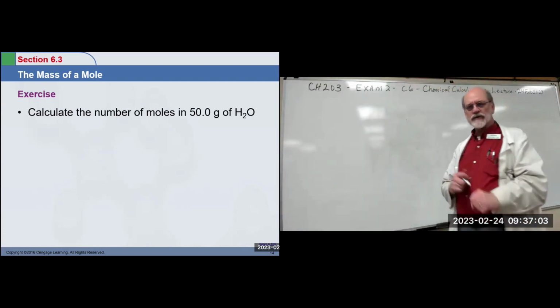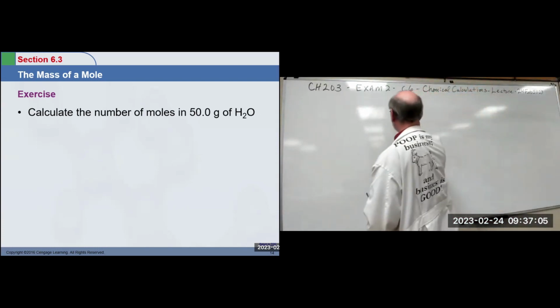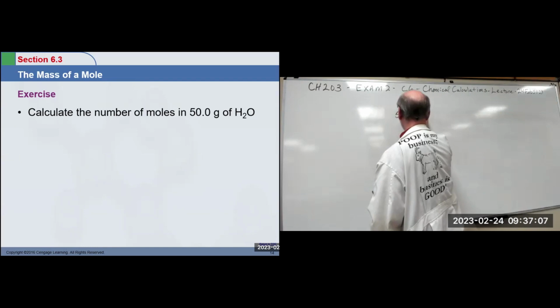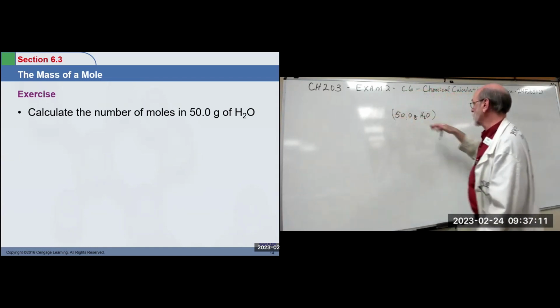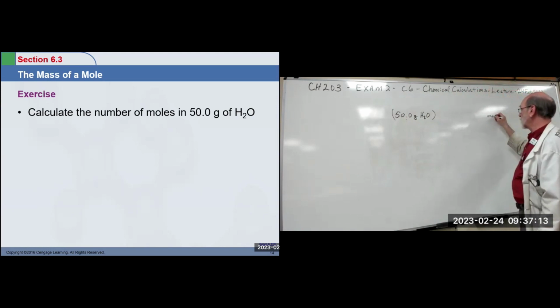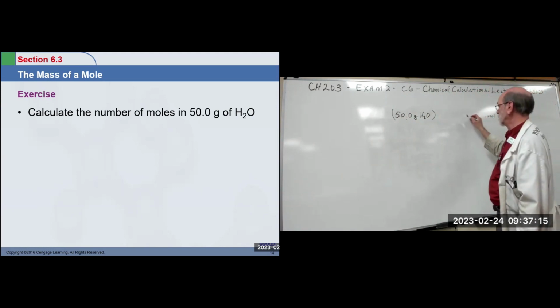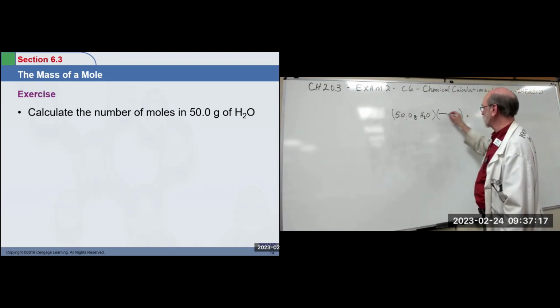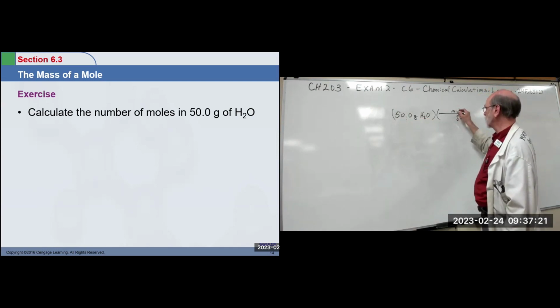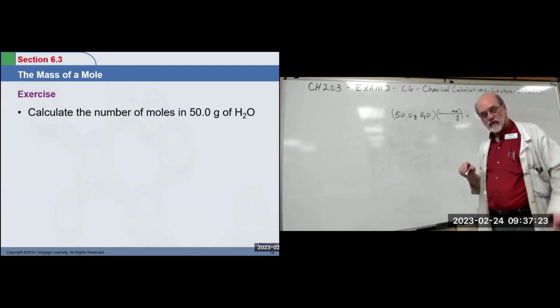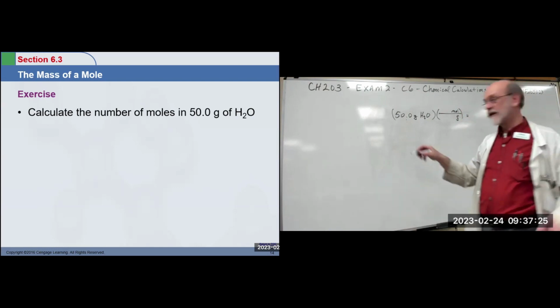How about the number of moles of 50 grams of water? There we have 50 grams of water. So that's where we're starting. And we want to know how many moles. Right. So we need a conversion factor that will cancel grams and leave us with moles. So what's the molar mass of water?